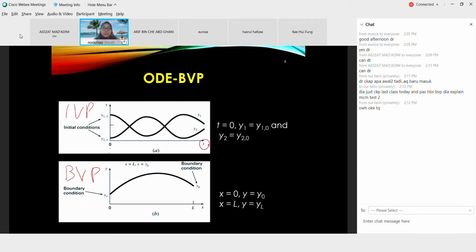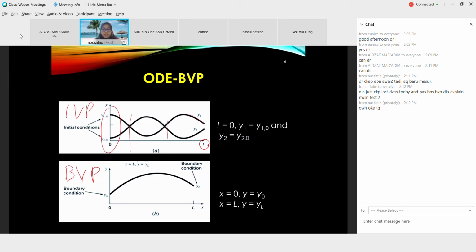At time 0, y is 1. This is for y1. And for the second condition, we call it y2 at first initial. So how can we determine the intersection? This is an example of how difficult IVP is.